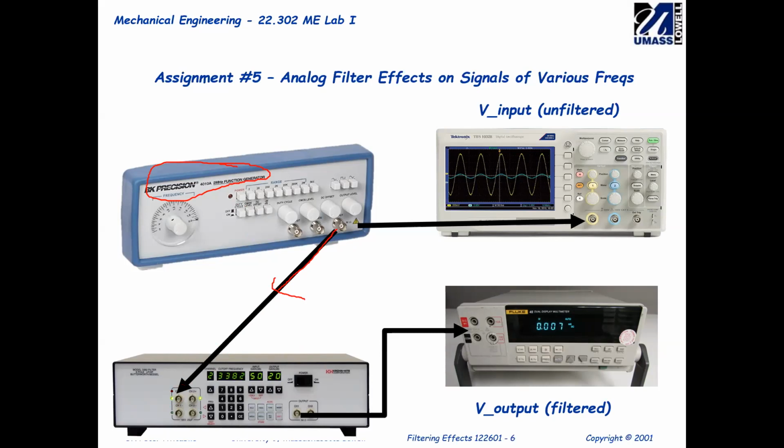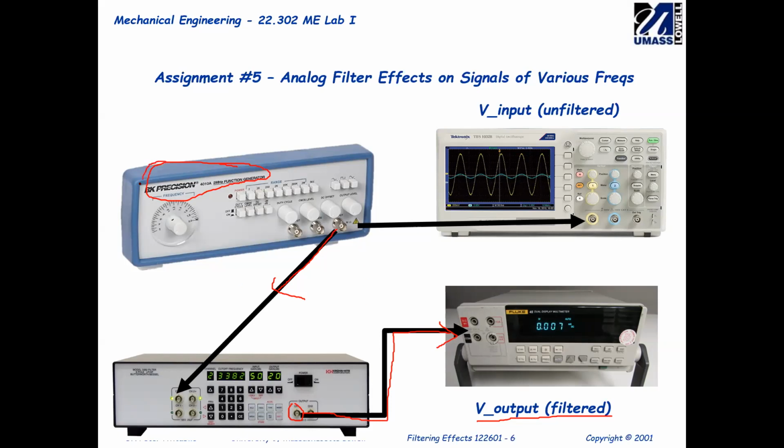Then the filter signal coming from the output is gonna be connected to the multimeter. That multimeter is gonna have the filtered signal, that's gonna be our VO, or voltage output.